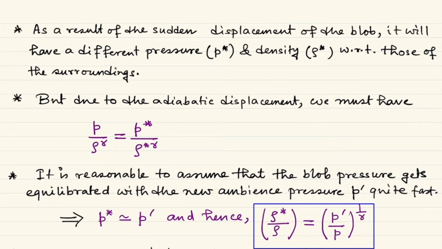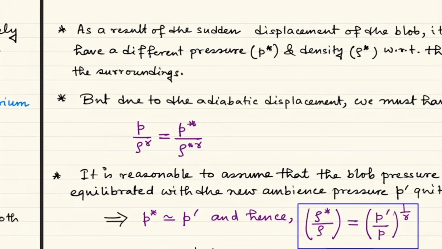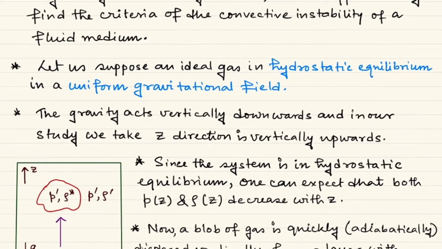Okay. Now coming to a very important point. It is reasonable to assume for our case that the blob pressure gets equilibrated very quickly after the blob reaches the new ambience. The walls are not adiabatic in nature. The walls are not rigid in nature.